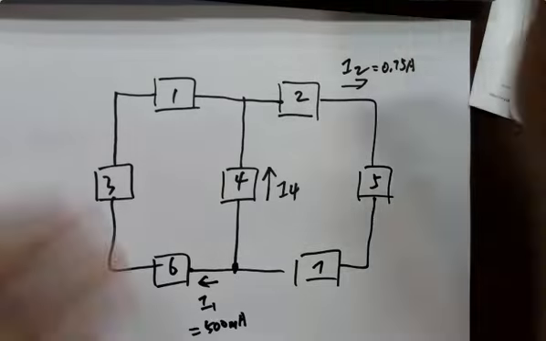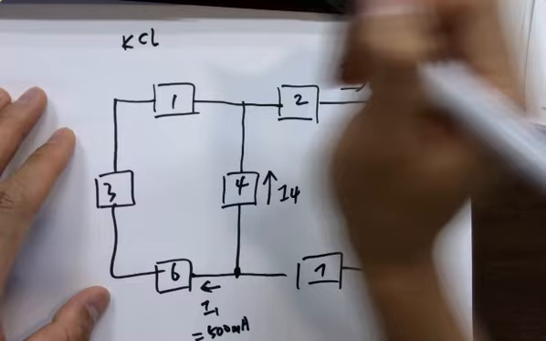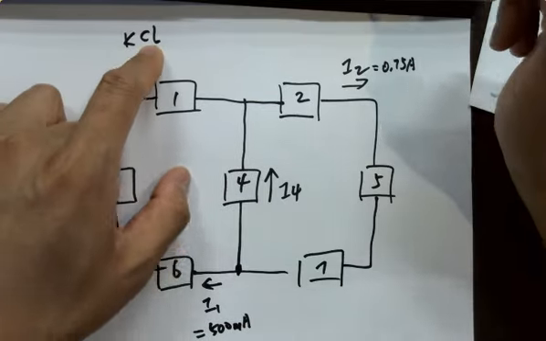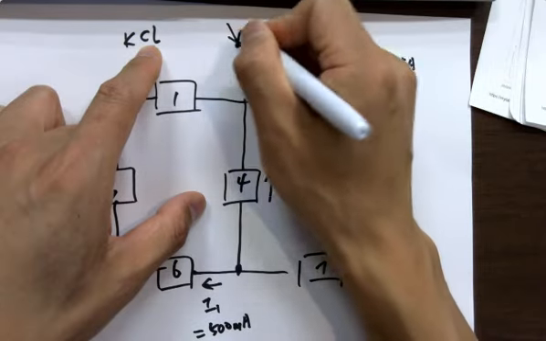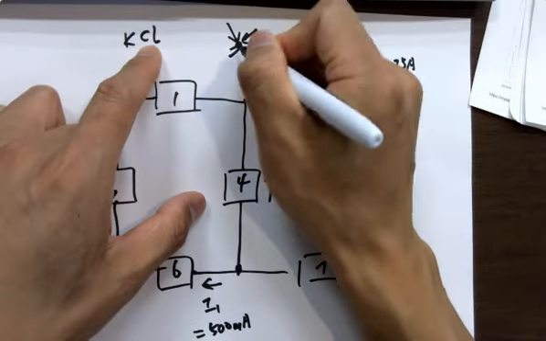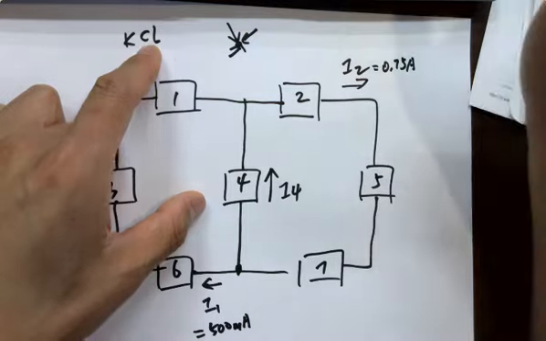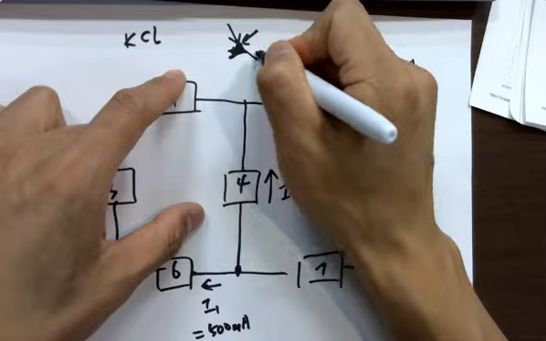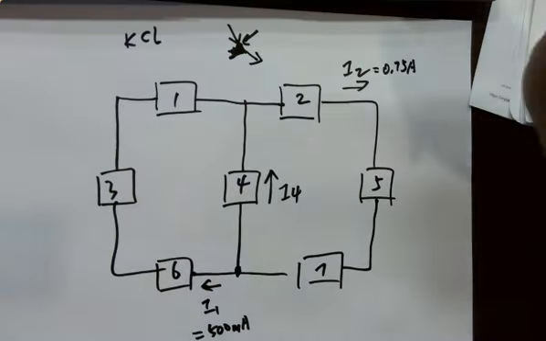KCL, right? What does KCL mean? Kirchhoff's current law: all the currents flowing into the node, if you add them together, is 0. Or you can say all the currents flowing into the node equal the currents flowing out of the node, because you are not losing any current anywhere.